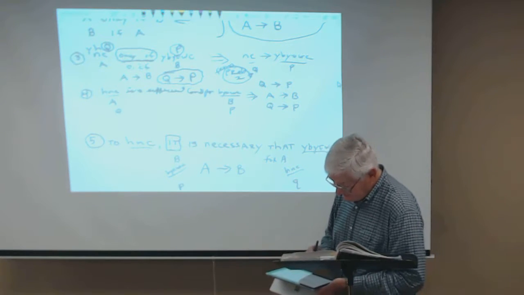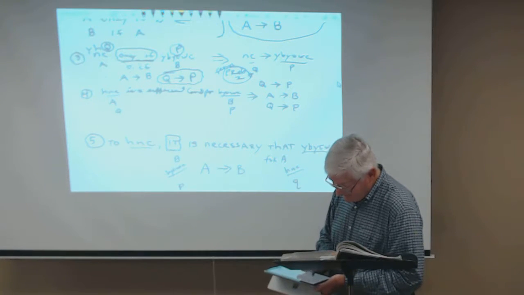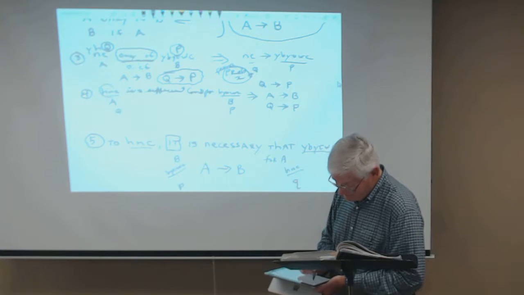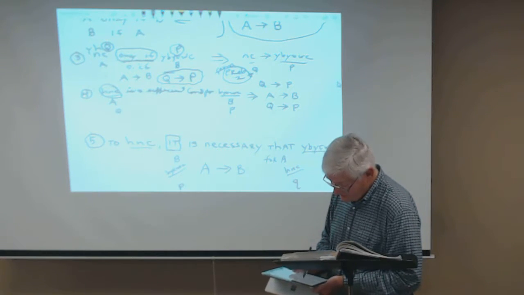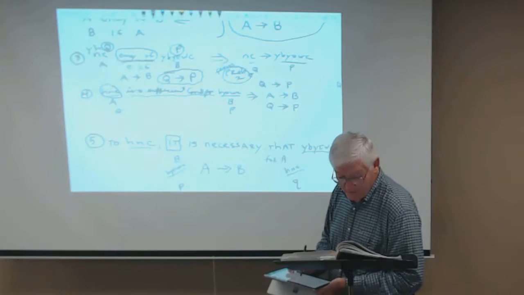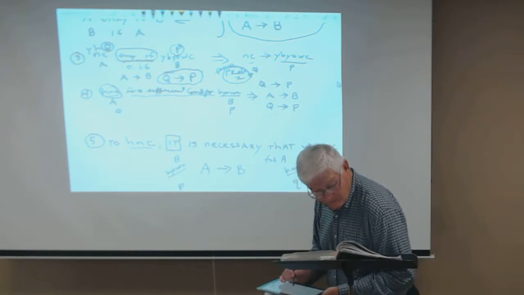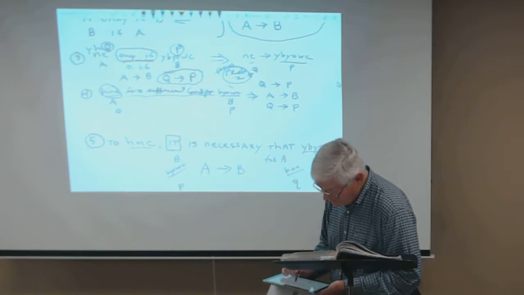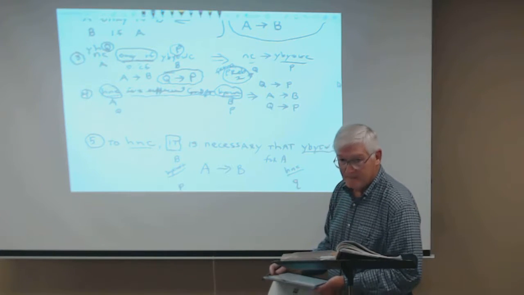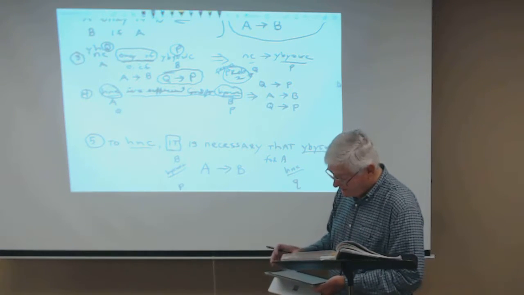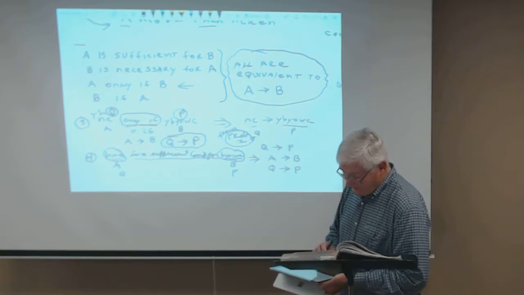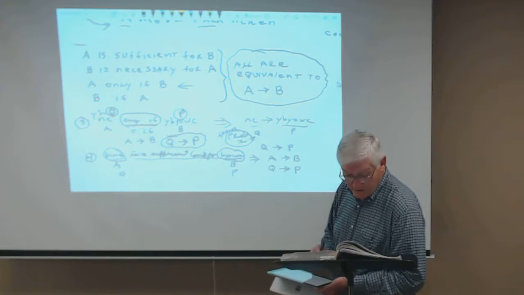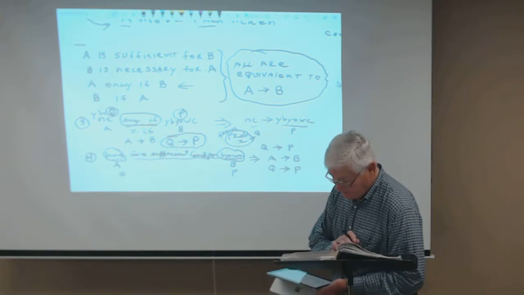Having no cavities is a sufficient condition for brushing your teeth with clean. Do you follow that? Okay, let's come back up here and look at our chart. Where is the word sufficient used?